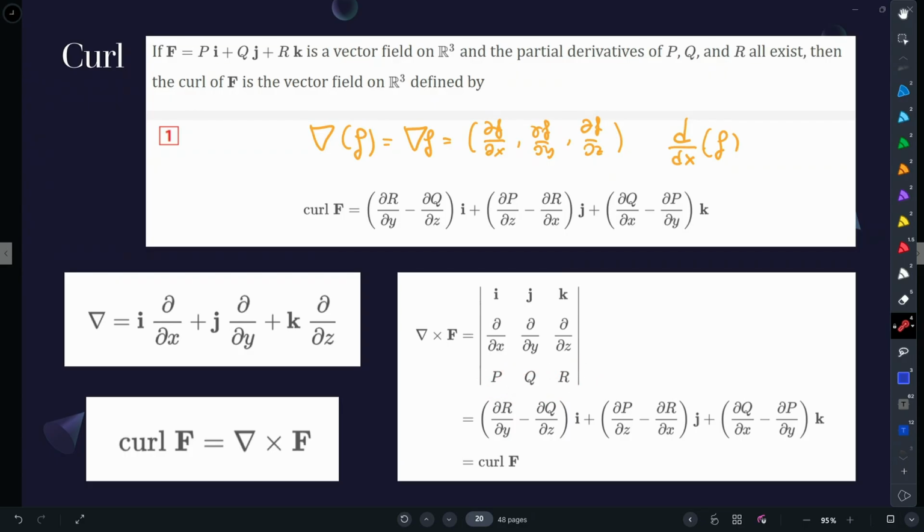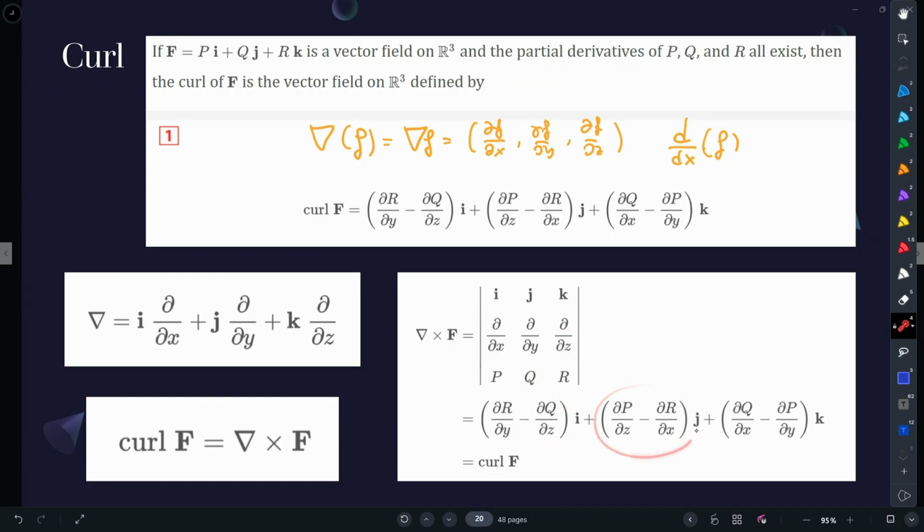Now I follow the formula of the cross product. This is going to be a vector, and this vector is i times the determinant of this minor, and that is going to be this times this, so the partial of r with respect to y, minus the partial of q with respect to z.